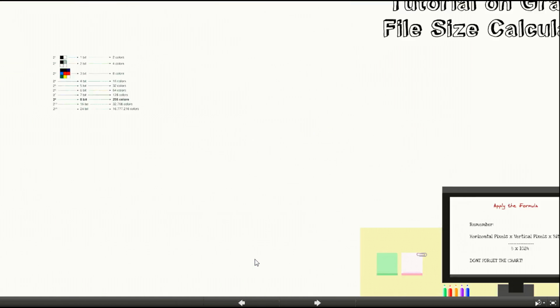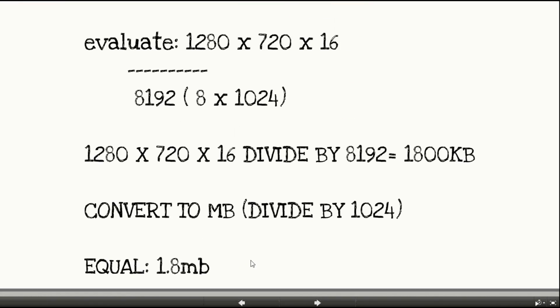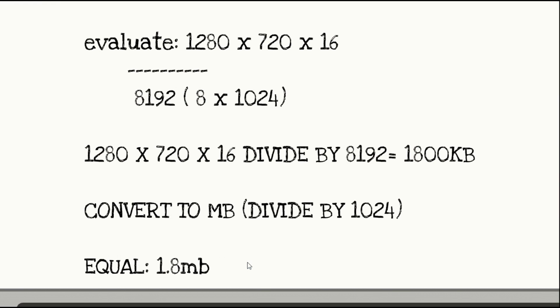Then let's move to the final answer. So this is an extended working out chart I've just done here. So you go 1280 times 720 times 16 divided by 8192, which is equal to 1800 kilobytes.